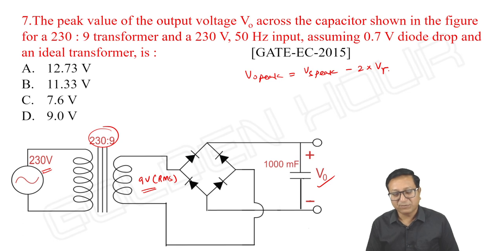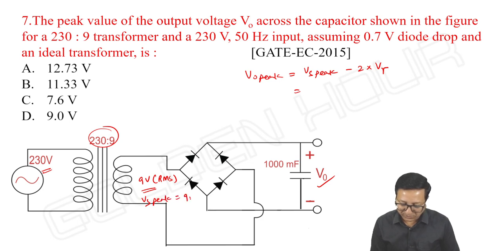We have done the analysis for ideal diodes, but if V gamma is given, what to do? This is what you have to see. What is V secondary peak? V secondary peak is equal to 9√2.